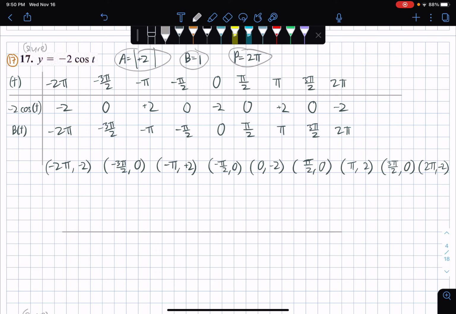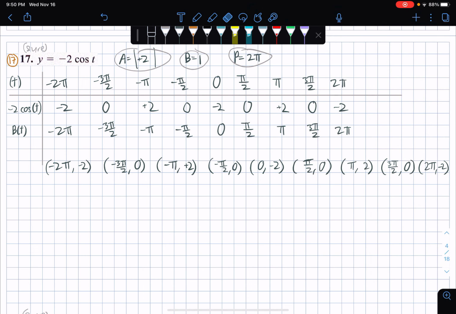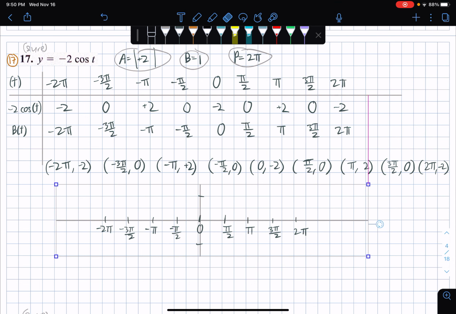The point of intersection is somewhere here. I mean, the point of origin. I'm sorry, I'll just use the sticker again. It's just the same anyways.